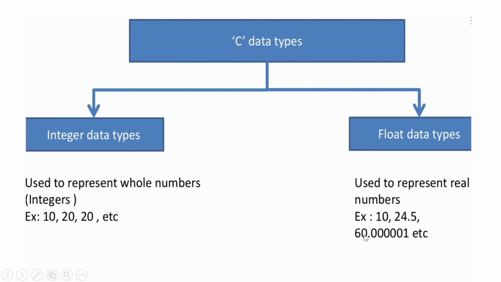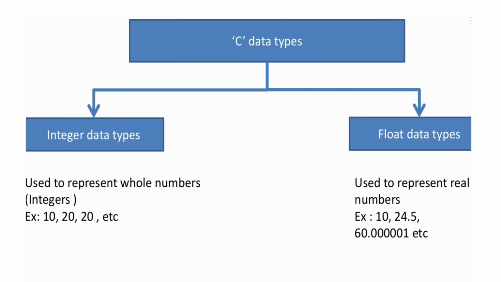For example, temperature value, which can be 24.5, right? If a programmer wants to give more attention to the variation of the temperature, then he has to consider the temperature value as a real number.